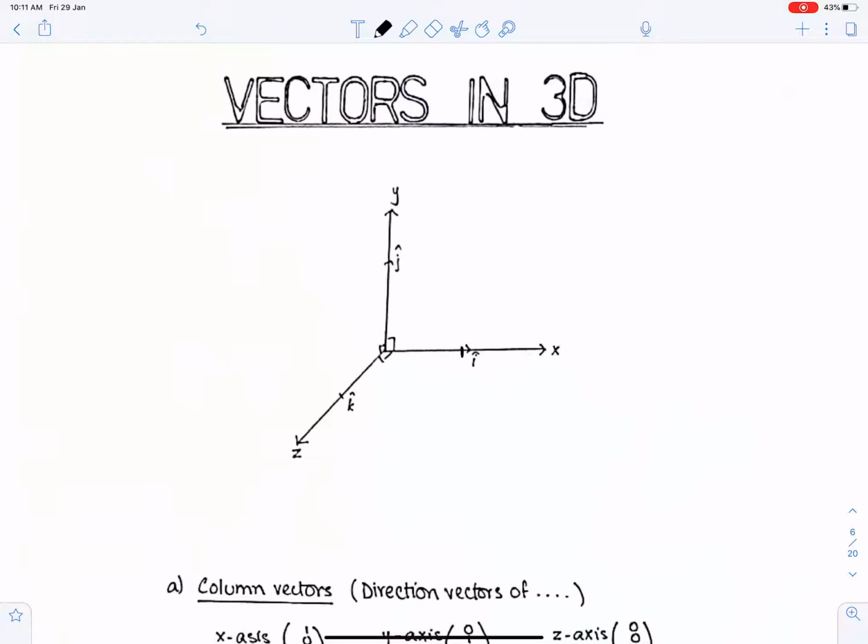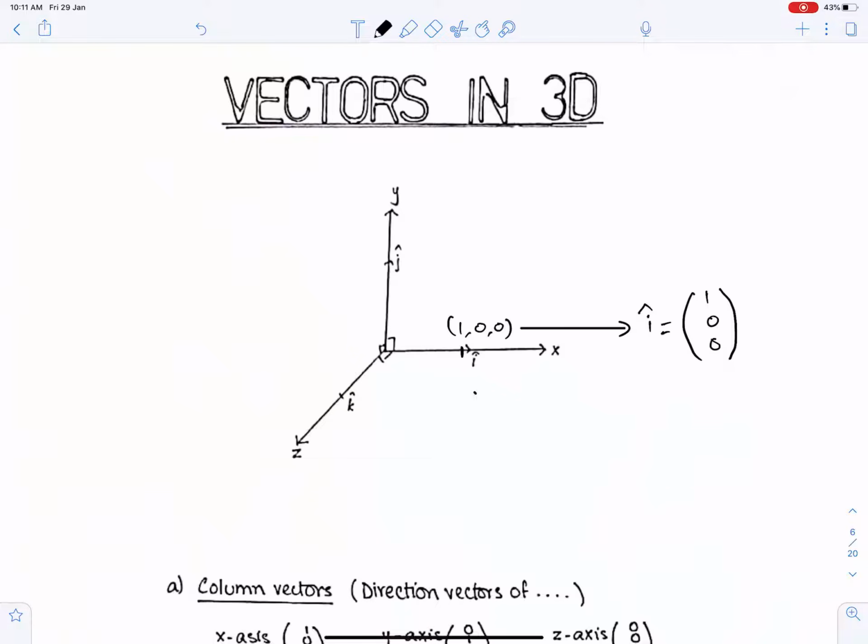So we can write this point as 1, 0, 0. And in vector form, there are 2 ways of writing this point: just i or 1, 0, 0.